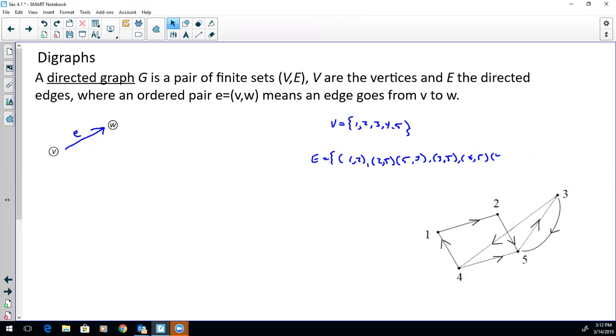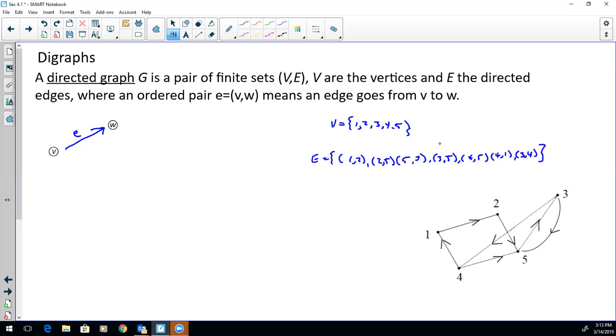And 3 goes to 4. So we have 7 directed edges there.